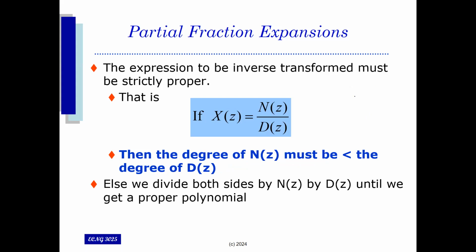So if you have z to the power minus 2 on top and z to the power minus 2 below, you have to at least divide this once. Then you'll have something, and then z to the minus 1 on top and z to the minus 2 plus whatever it is below. And then you could go and do the partial fractions. It was the same thing when you were doing the Laplace transform.